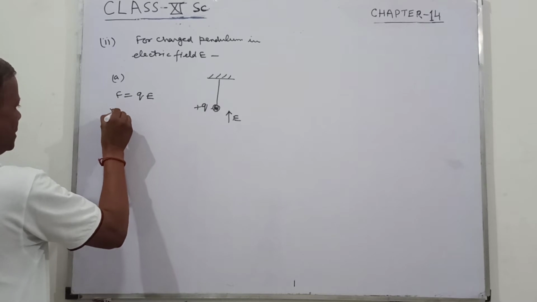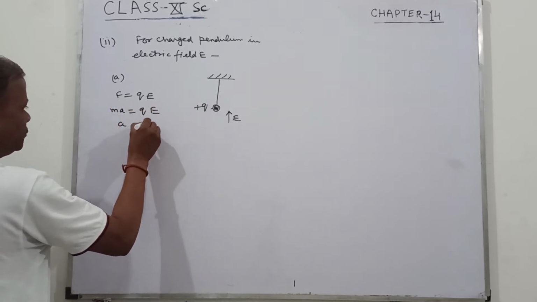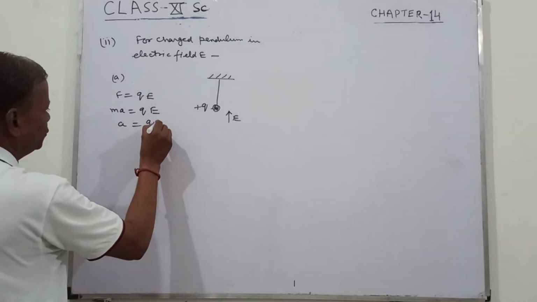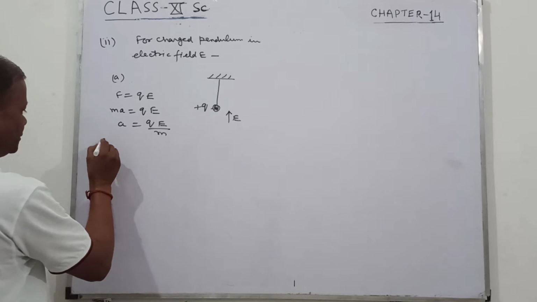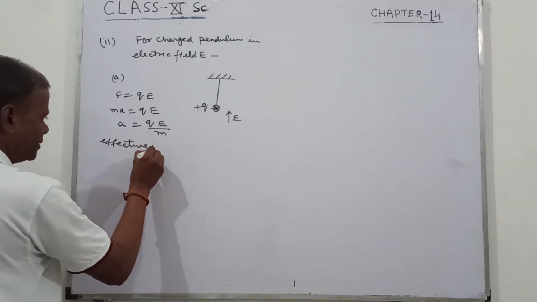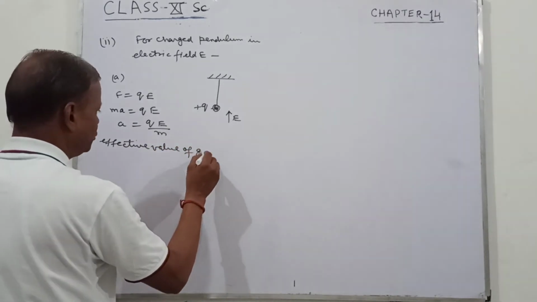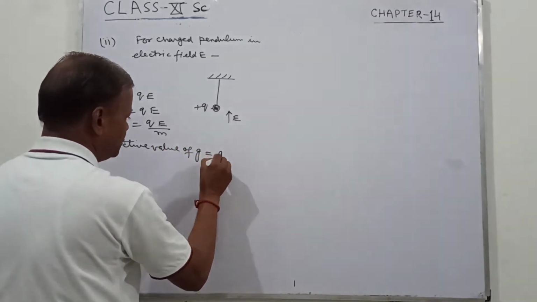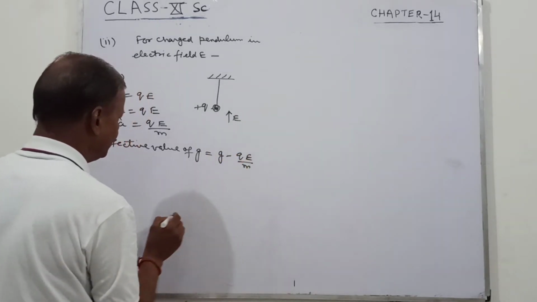So ma equal to QE, or a equal to QE upon m. So the effective value of g equals g minus QE upon m.